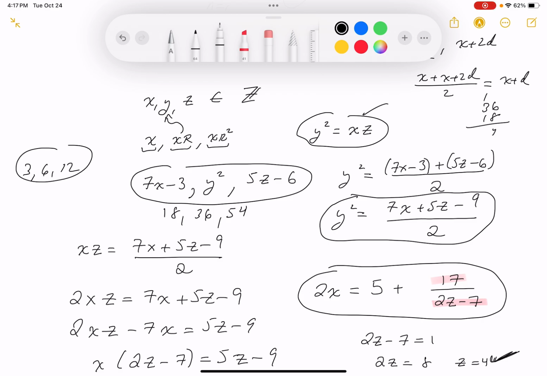So this works. These work. Let's try to see if 3, minus 6, 12 works. All right, let's see if that works. Let's cross this out. What do you get? You get 18, 36. Yeah, you still get the same thing, 54. They both work. So there's 2 sequences that are going to work, by the way.